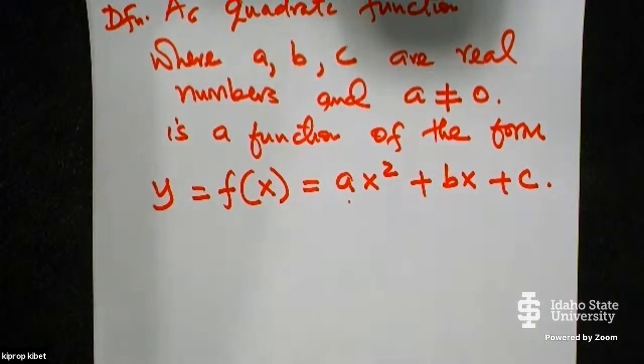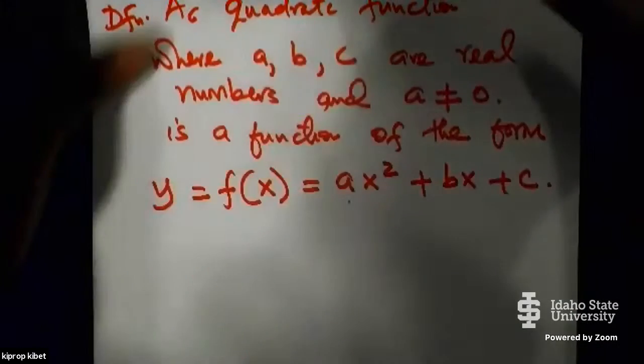So here, we are going to look at something we call the axis of symmetry and the vertex. But before that, there is something we call the parabola.